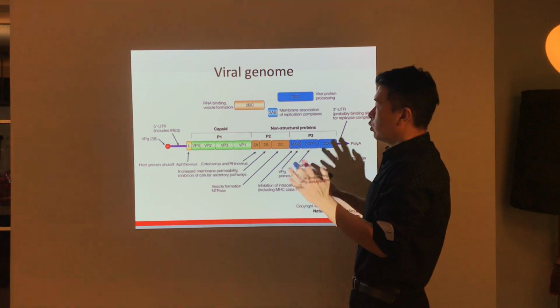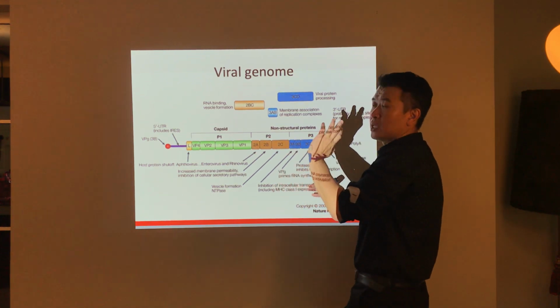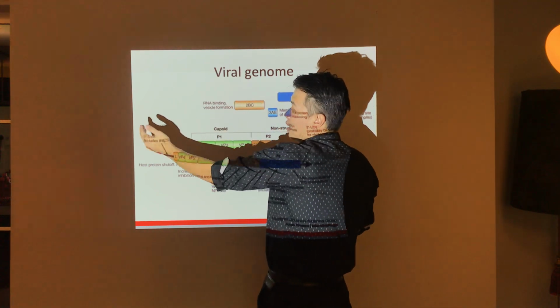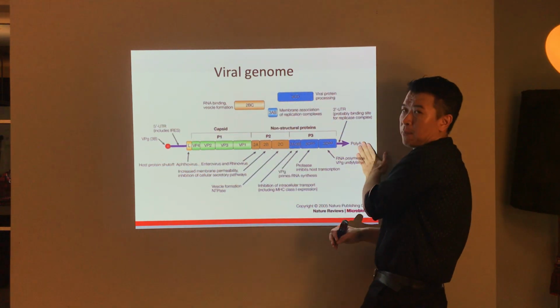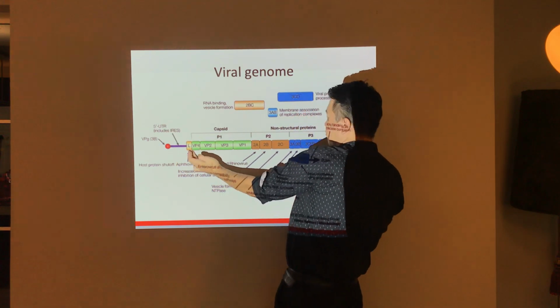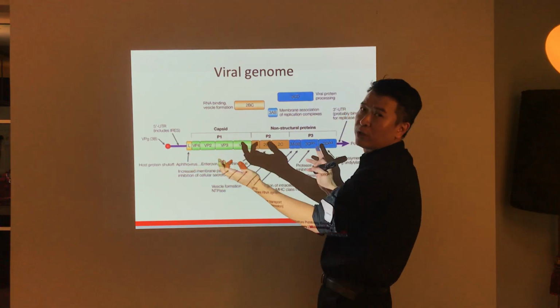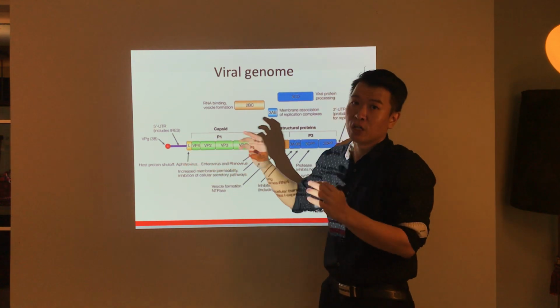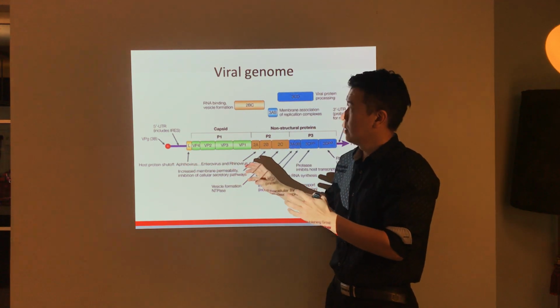Alright, so remember we also mentioned that the virus is positive-strand, which has a 5' end to the 3' end. So you have a region of the genome that codes for protein. That's why this area we call the coding region.